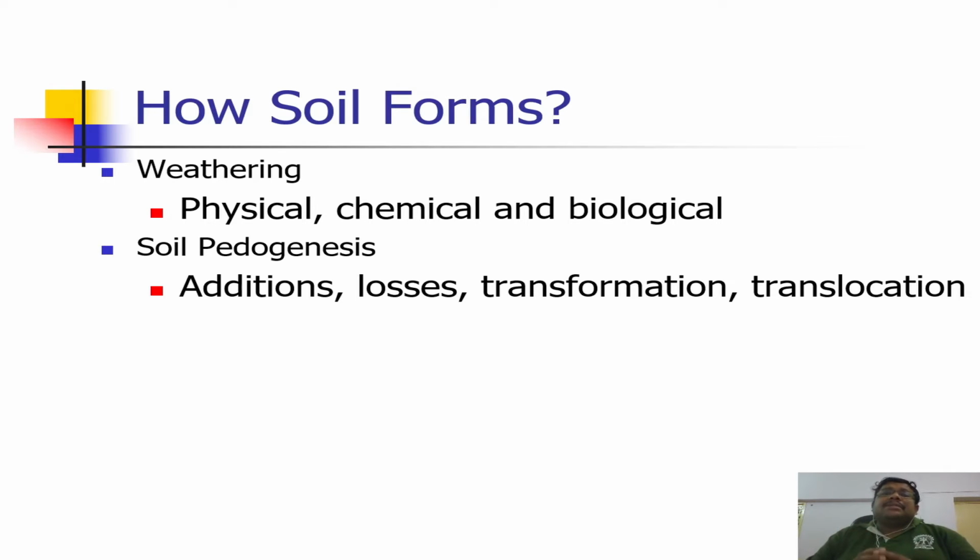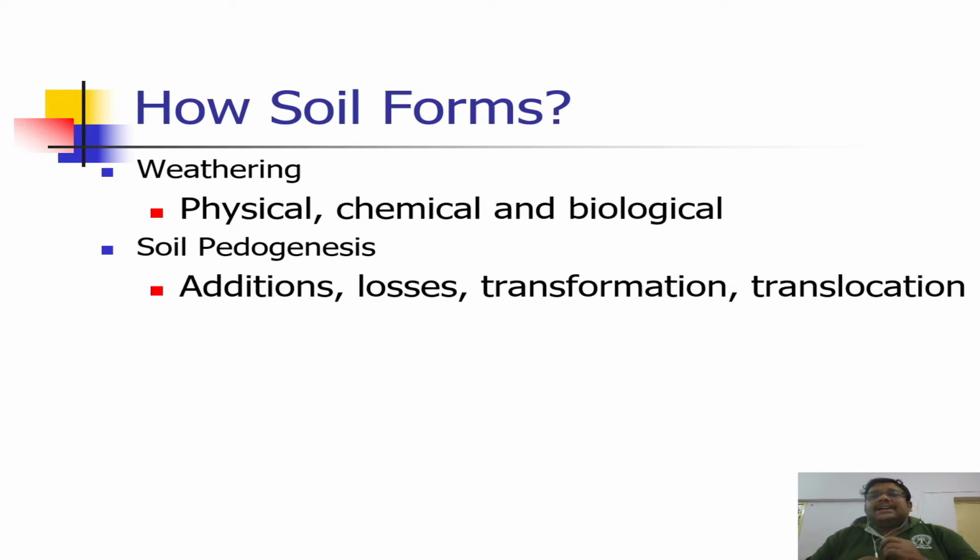We have discussed the mineral fractions. Remember, the mineral fractions are basically composed of sand, silt and clay, where sand is the coarsest fraction and clay is the finest fraction, whereas the intermediate fraction is known as silt.